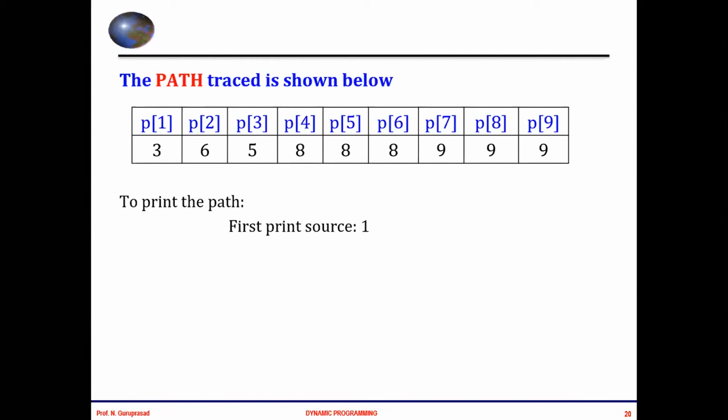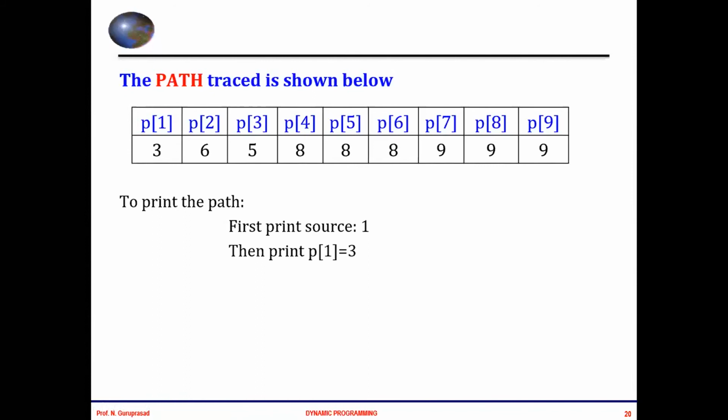Then what you do is you print P of 1. What is P of 1? Can you tell me guys, what is P of 1? Exactly, it is 3. So you print P of 1, which is 3. So take this 3 in mind and print P of 3. I'll repeat once again. From the table, the source vertex is 1.